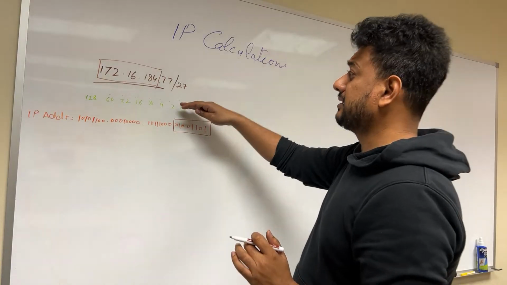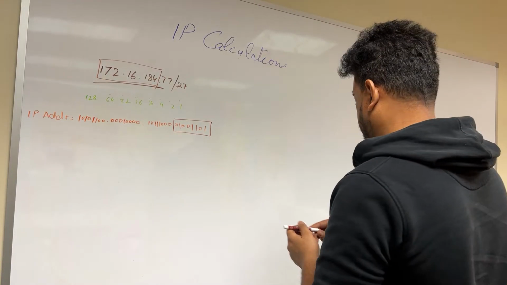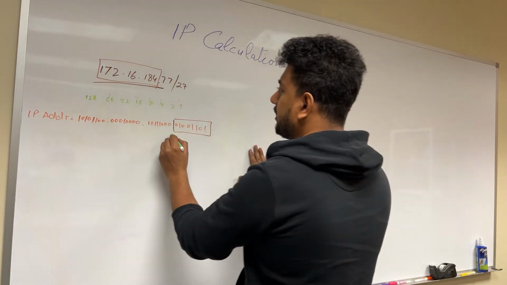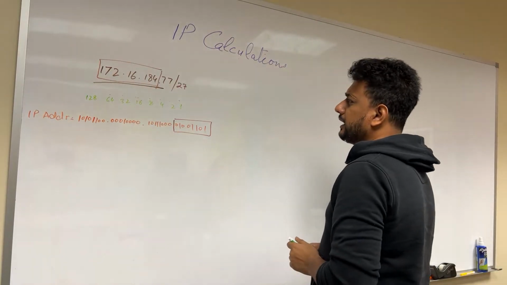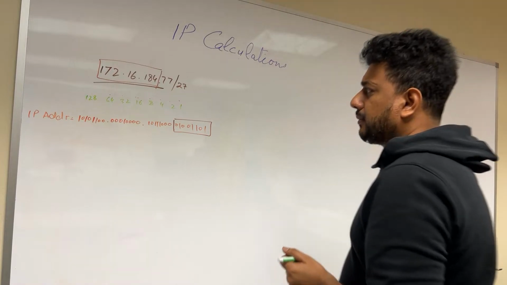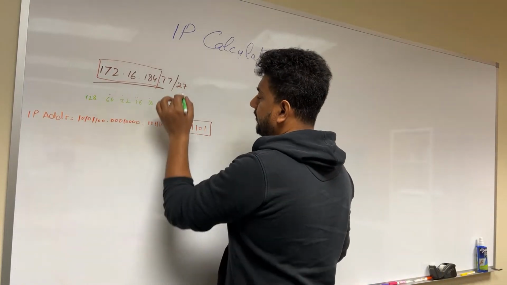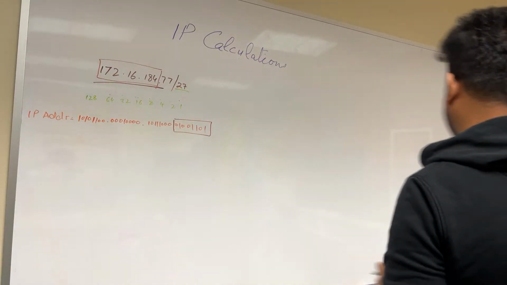Since this is larger, there is another portion, but we'll talk about it later. We're going to need this portion of the IP address to get the network address and the broadcast address. And we're going to calculate the binary of the subnet mask as well.